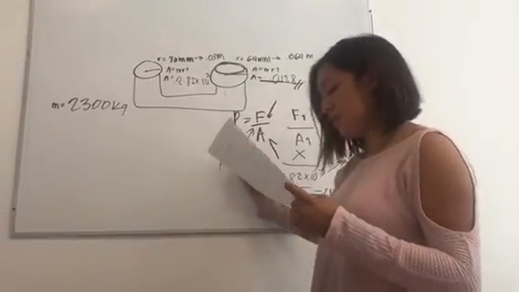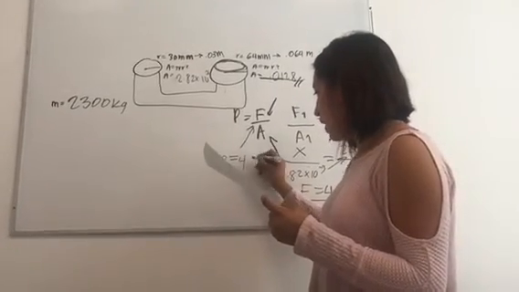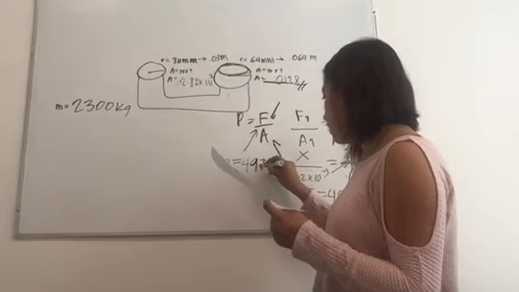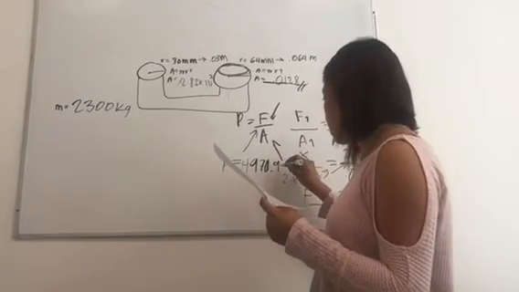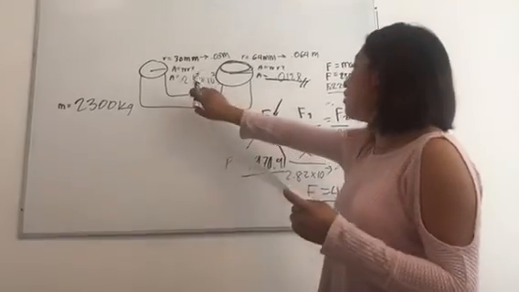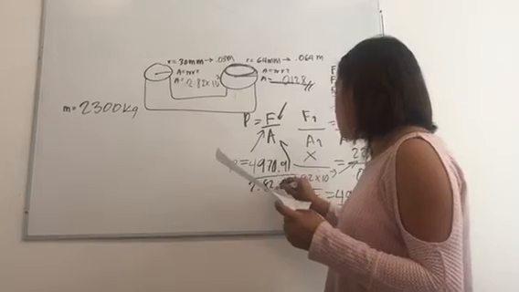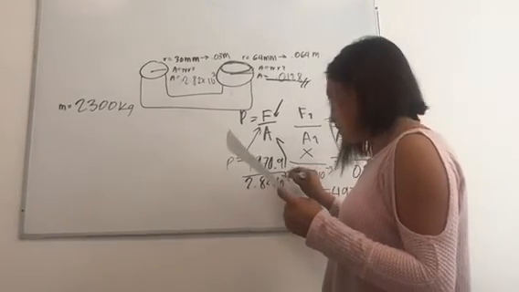So once we have force, we can use this formula to calculate the pressure. Pressure is going to be force, that is 4,970.91 over the area of the input piston 1, that is 2.82 times 10 to the minus 3.